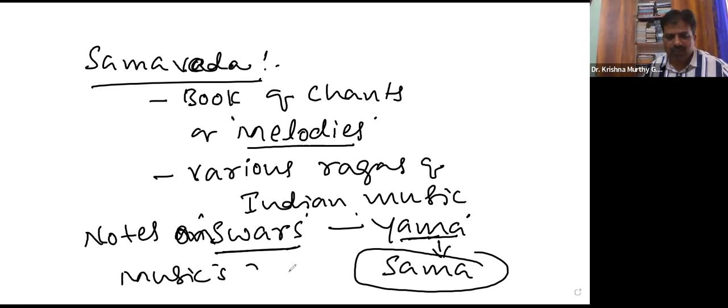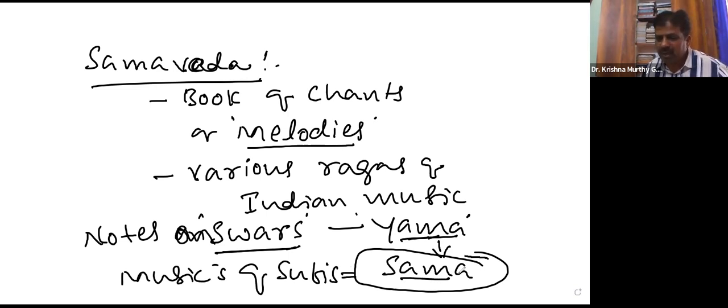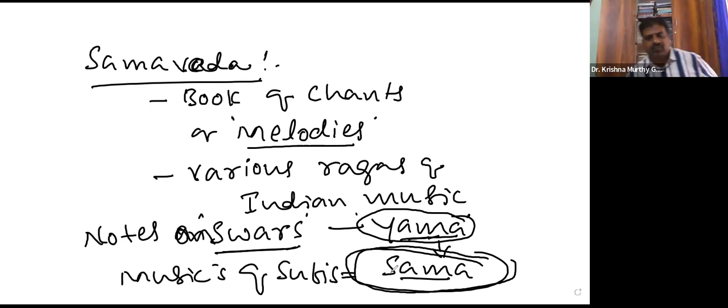Music of the Sufis in medieval times was called Sama. The word Sama is derived from the Sanskrit word Yama of the Samaveda. It contained the collection of ragas in those days. That's an important thing.